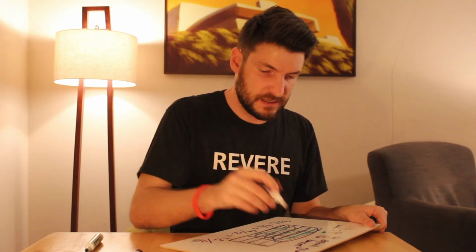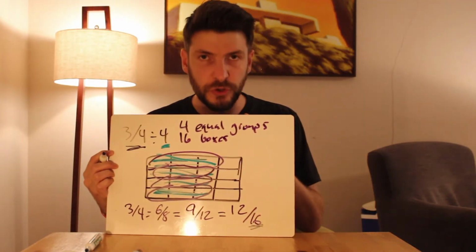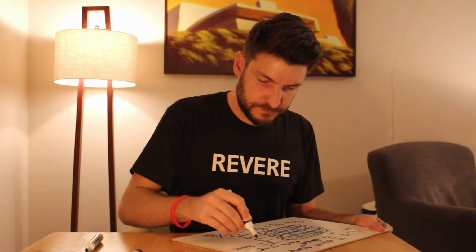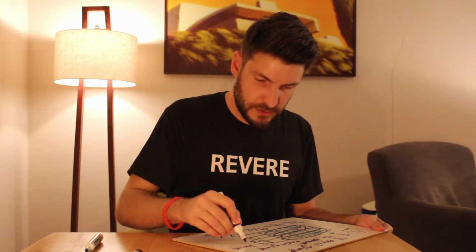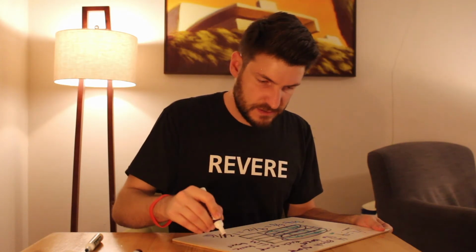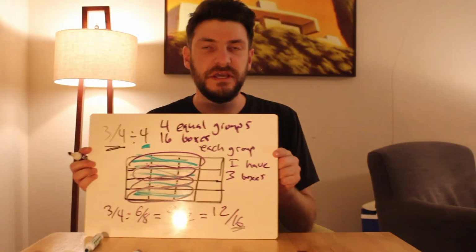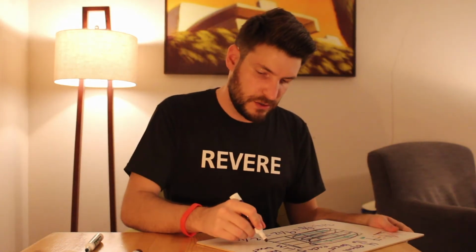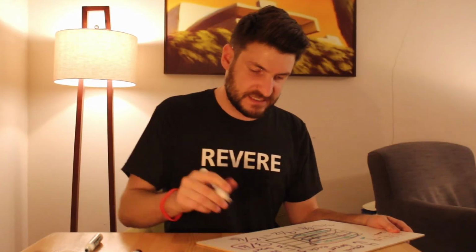So, I've divided it into 4 equal groups, and I have 16 boxes, and in each group I have 3 boxes. Each of my 4 equal groups, I have 3 boxes. So my answer should be 3 out of 16.